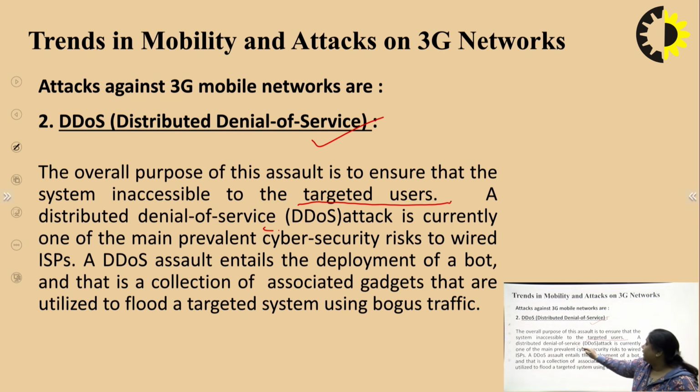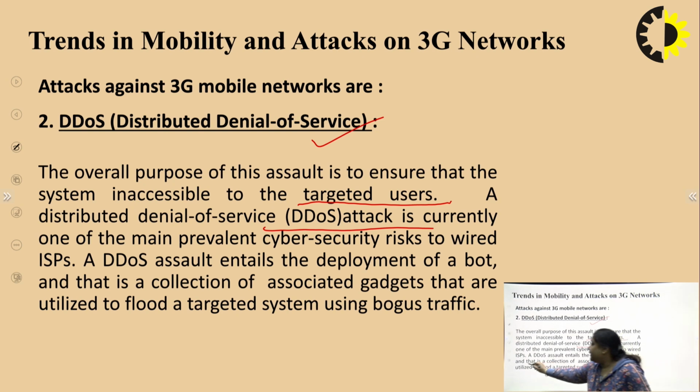A distributed DoS attack is one of the main prevalent cybersecurity risks to wired internet service providers. This type of assault entails the deployment of a botnet, a collection of associated gadgets that are utilized to flood a targeted system with a number of requests and bogus traffic.